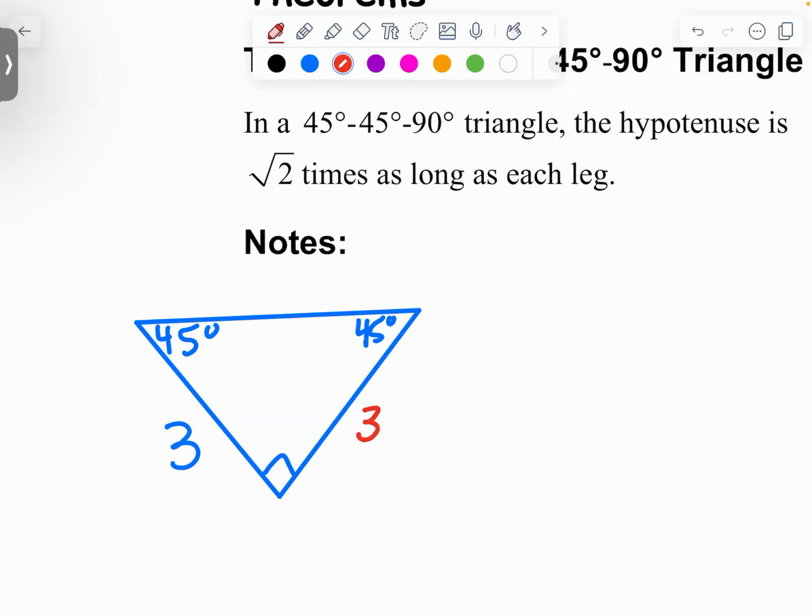How do we get from our legs to the hypotenuse? We are going to multiply by radical 2. So if I take my leg and multiply it by radical 2, we have 3 radical 2. Done.